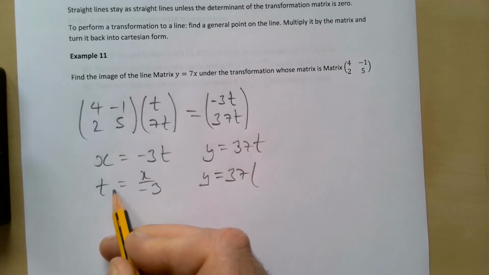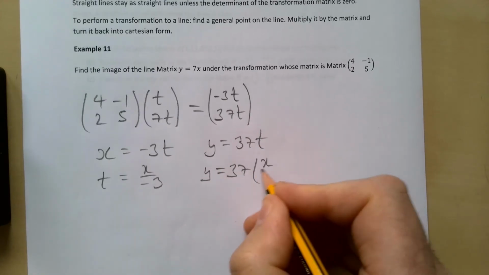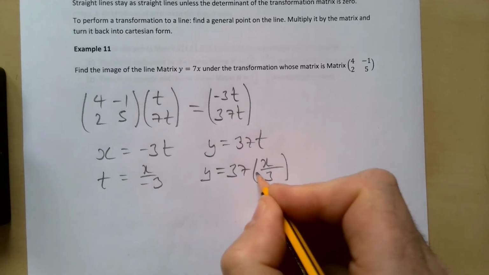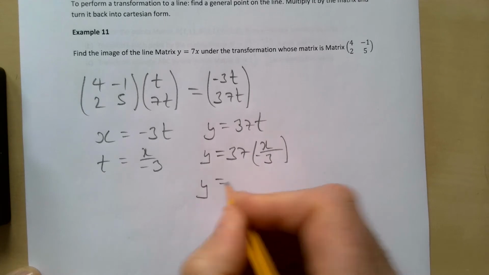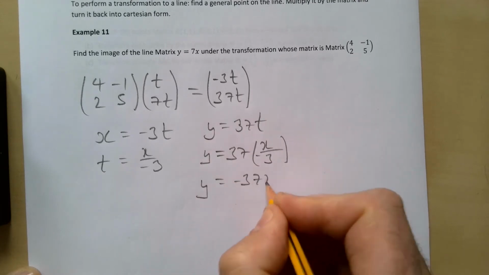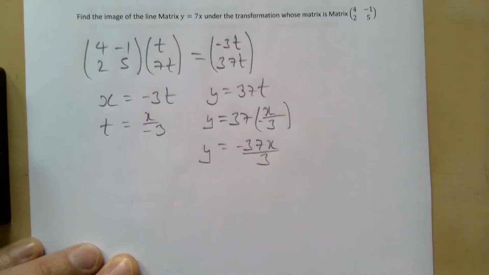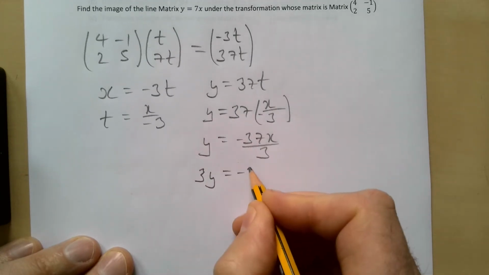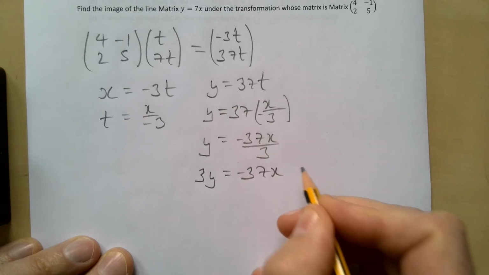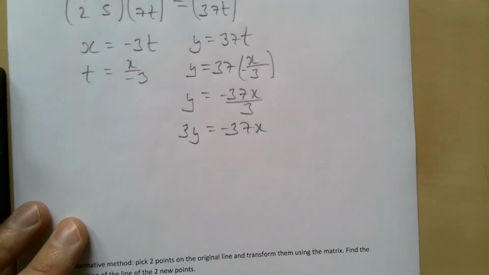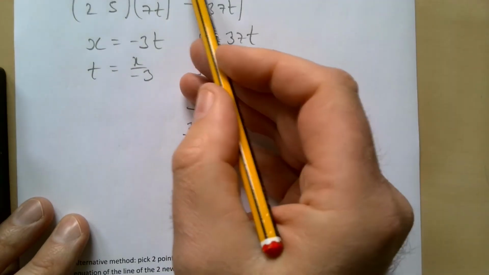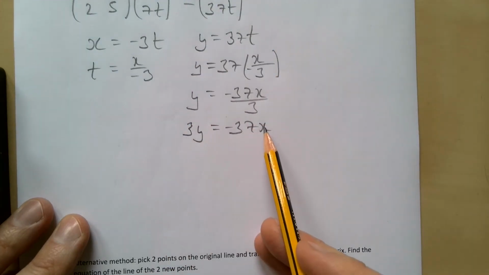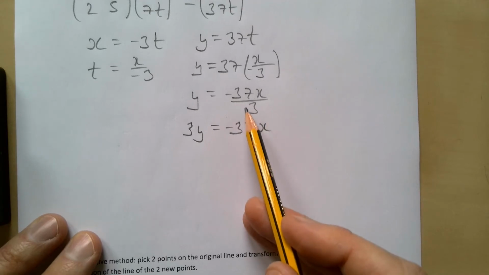Change my t here for x over minus 3. So y is minus 37x over 3, or if you want, 3y is minus 37x. And the points that were on the line y equals 7x are being transformed, and they'll all then land on this line here. So quite an awkward wee kind of gradient there, but hopefully you get the idea.